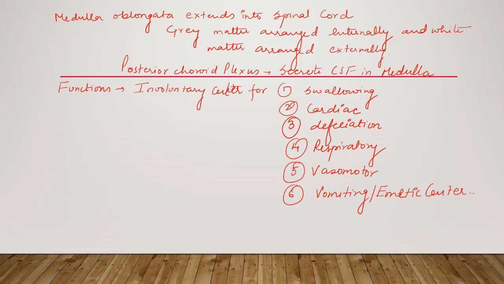The part of the medulla oblongata which extends to the spinal cord, only that part has gray matter arranged internally and white matter arranged externally. Please remember that. Okay.